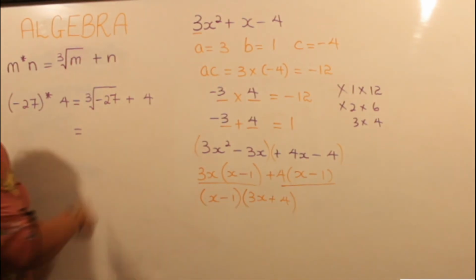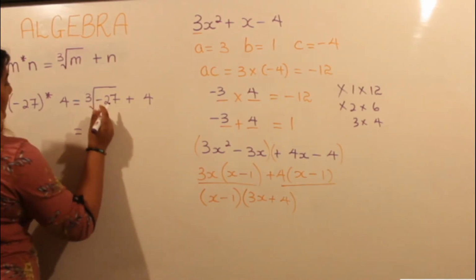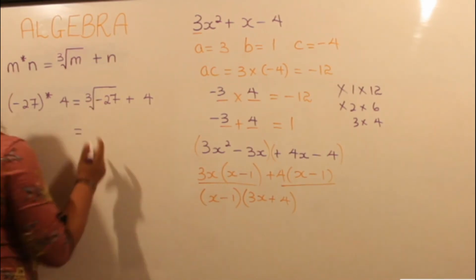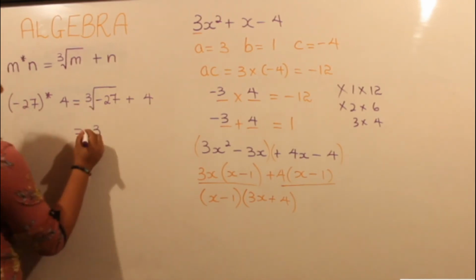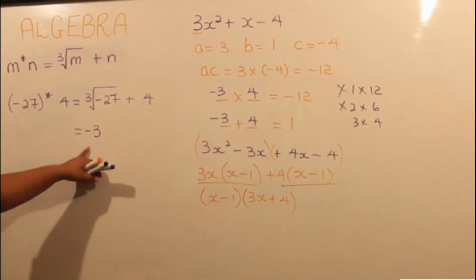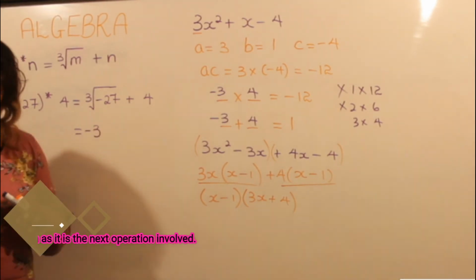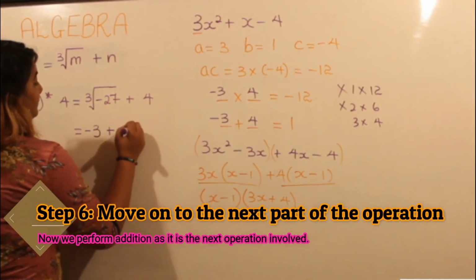Here, minus 27 is a cube. And if we want to find the cube root of it, like I said, 27 is 3 by 3 by 3. But since I have a negative sign, it means I have cubed negative 3. Alright? So the cube of negative 3 will give me negative 27. Now, minus 3 plus 4.